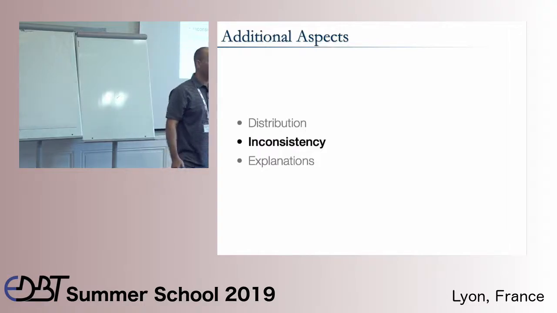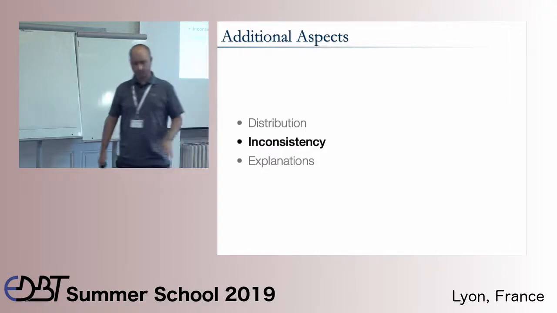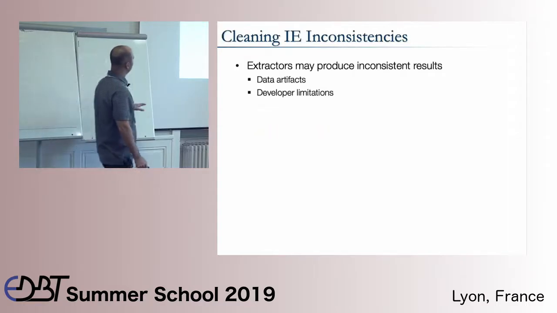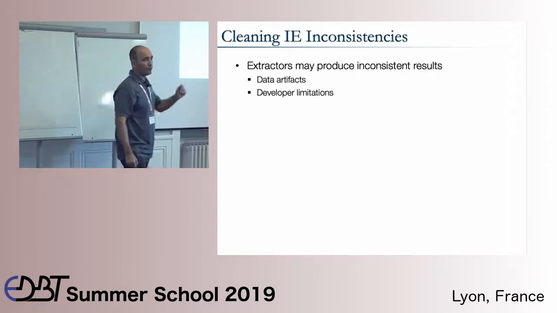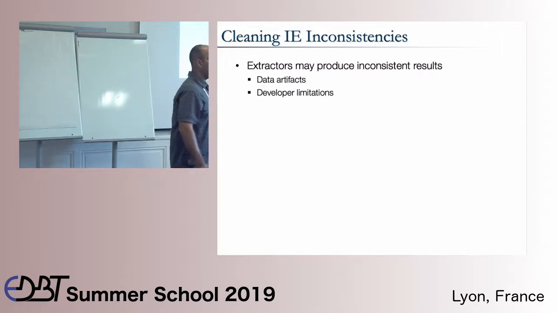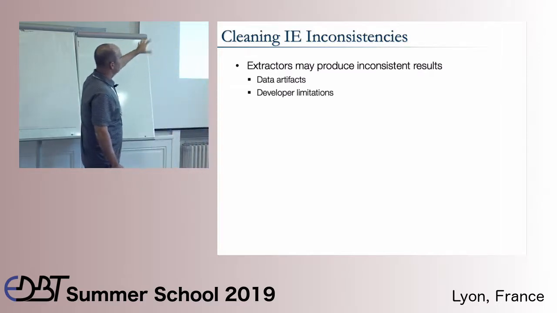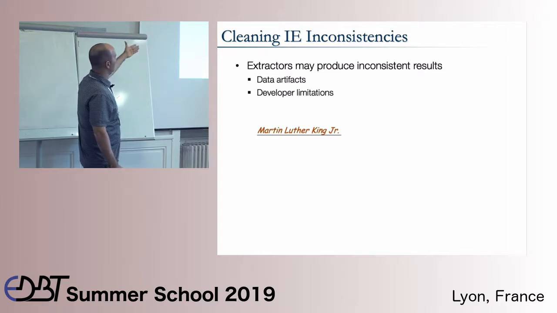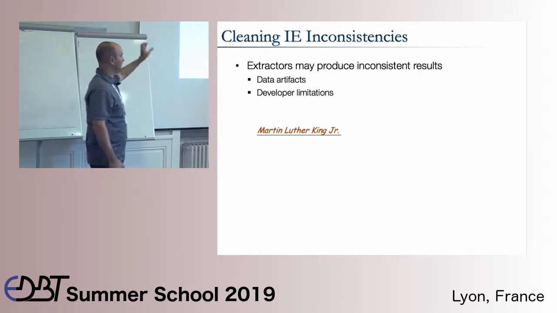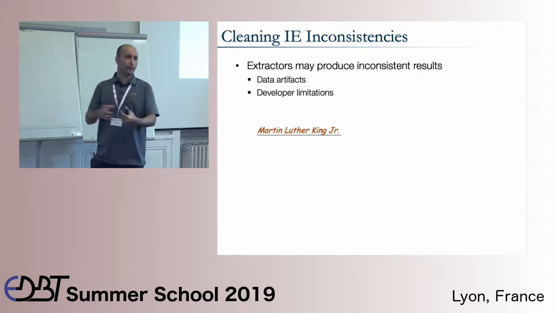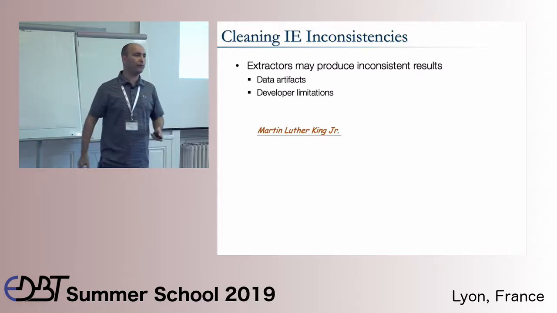Another topic is inconsistency. This is some work that we've done, another collaboration with Stein, and think of it as follows. The extractors might make inconsistent or erroneous extractions, but not just erroneous, extractions that have inside conflicts.